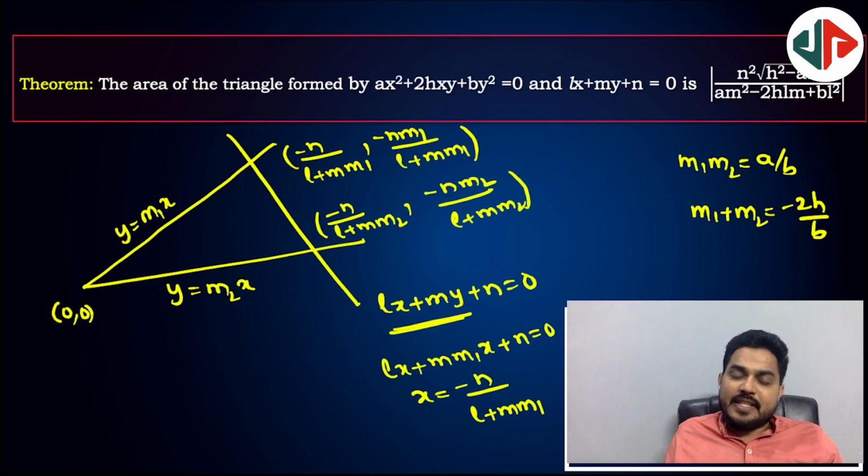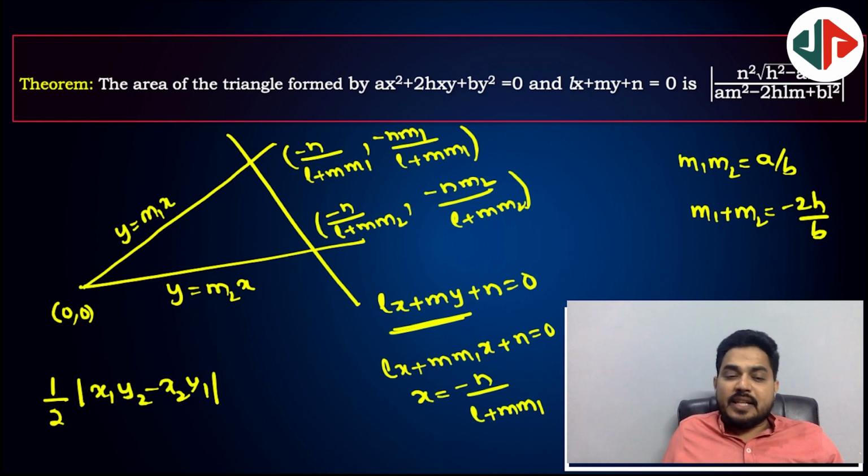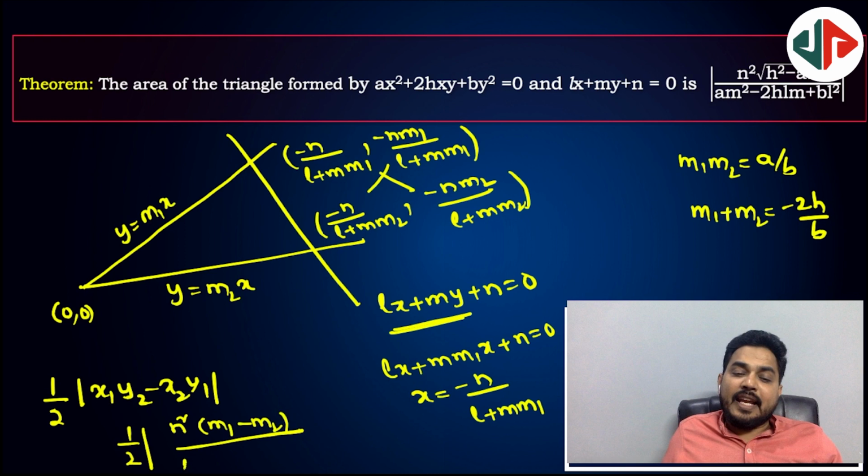Now one vertex is 0 comma 0, the others are x1 y1 and x2 y2. Area of the triangle is half modulus of x1 y2 minus x2 y1. So half modulus of, you simply look at this into this minus this into this. So n square times of m1 minus m2, by product will be L plus M M1 into L plus M M2.